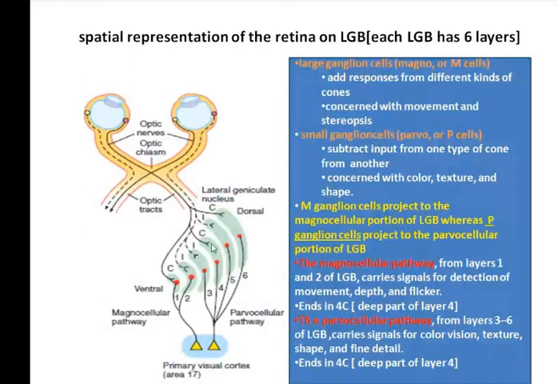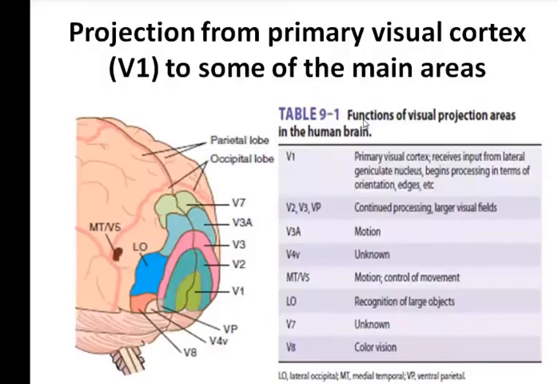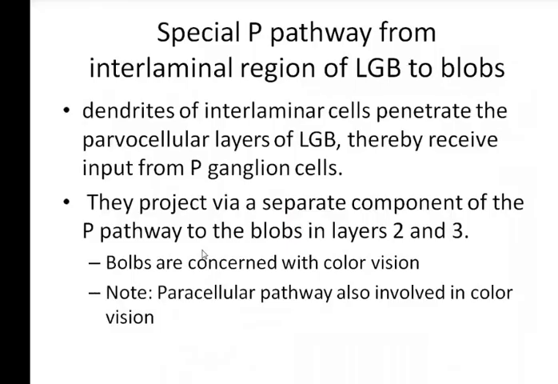In between these layers, in the interlaminar regions of the lateral geniculate body, some cells are also there. The dendrites of these interlaminar cells penetrate the parvocellular layers of the lateral geniculate body.